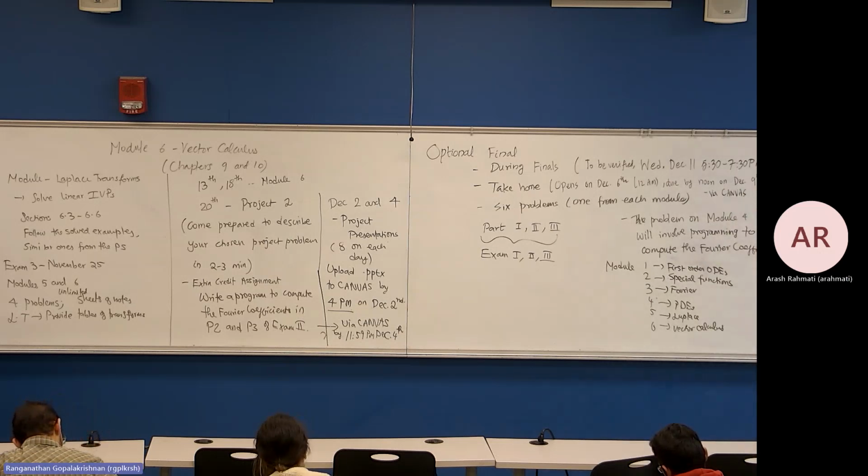So you get 3 days. I don't want to drag it any longer so that I can also finish the grading and post the final grades by the end of that week.